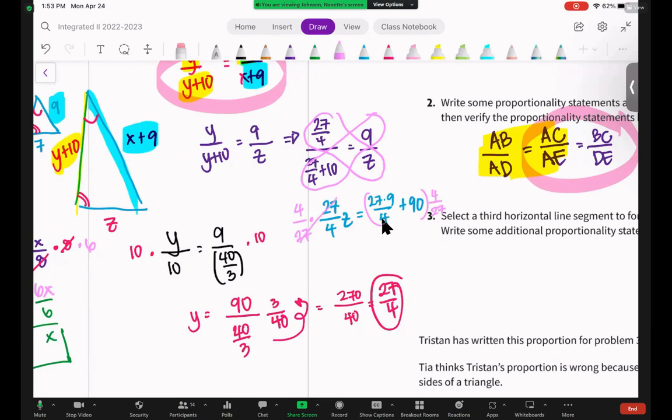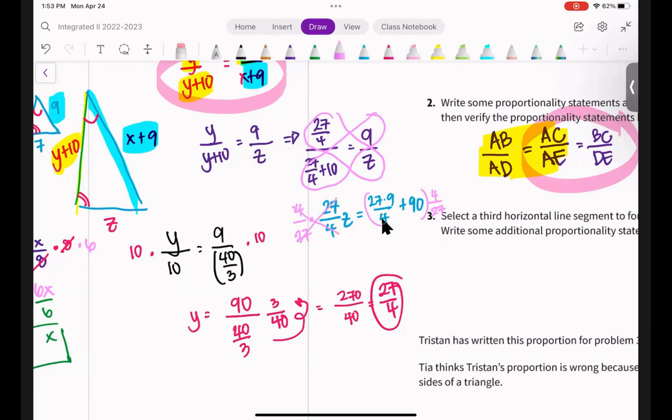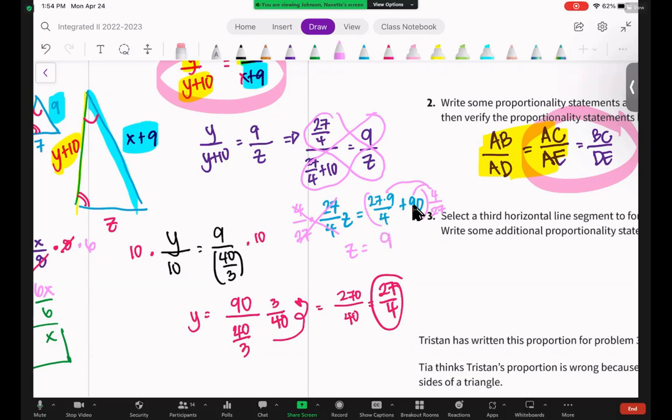So 27 divided by 27 is 1. 4 divided by 4 is 1. So I get z equals, now I'm going to distribute this. So when I distribute this, does everybody see how it's 9? Like 4 divided by 4 is 1. 27 divided by 27 is 1. This is 9. And then when I multiply these two, both of them have 9s in it.